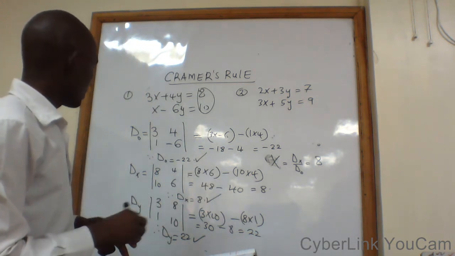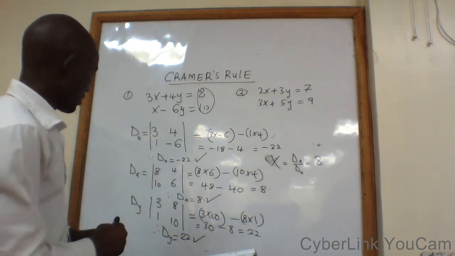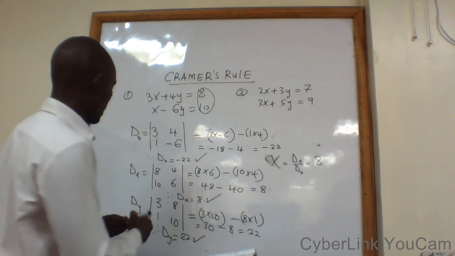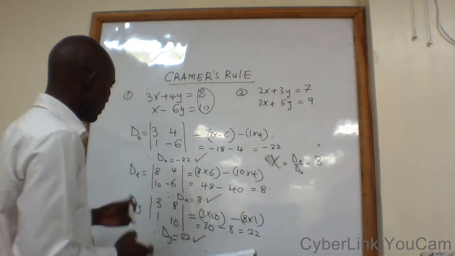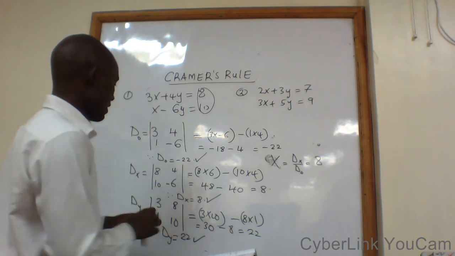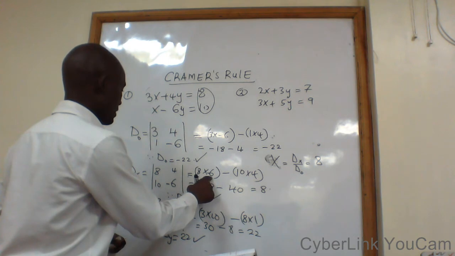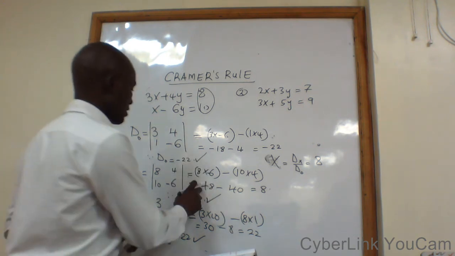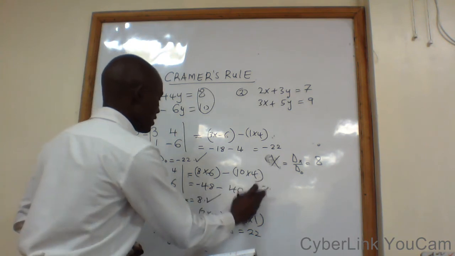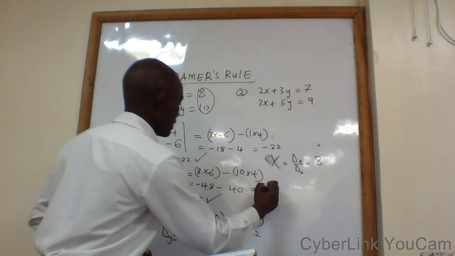We did some mistake here that we need to correct. Remember, this was minus 6, so if it is minus 6, then this becomes minus 48, minus 48 minus 40, this one becomes minus 88.